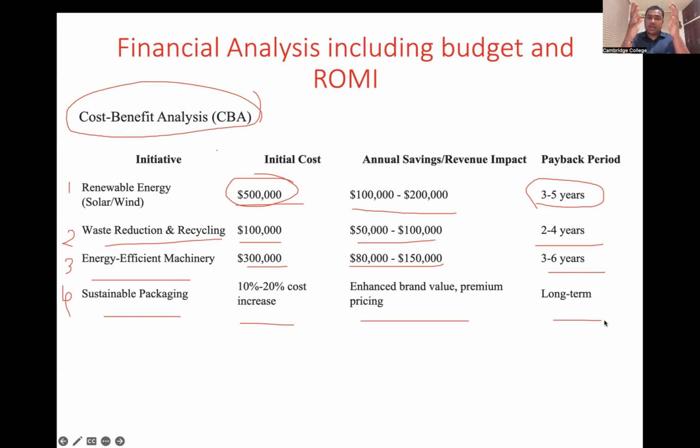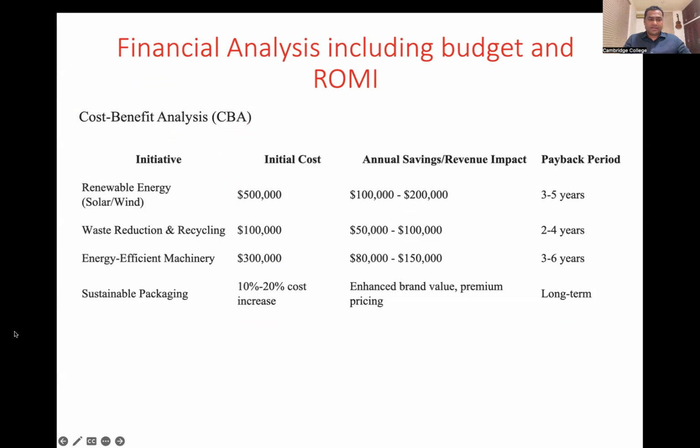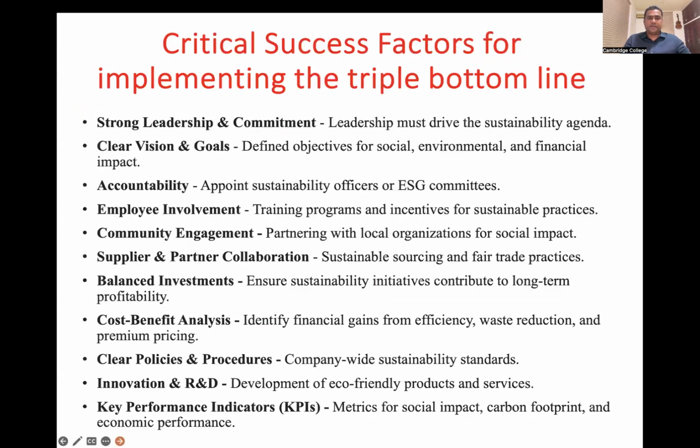So you'll tender, you'll get suppliers. But importantly, you need to do a detailed feasibility or a cost-benefit analysis to understand the cost versus the annual returns. And what is the payback period? When are you going to break even? What is the return on marketing investment, which we call ROMI? I hope it's clear.